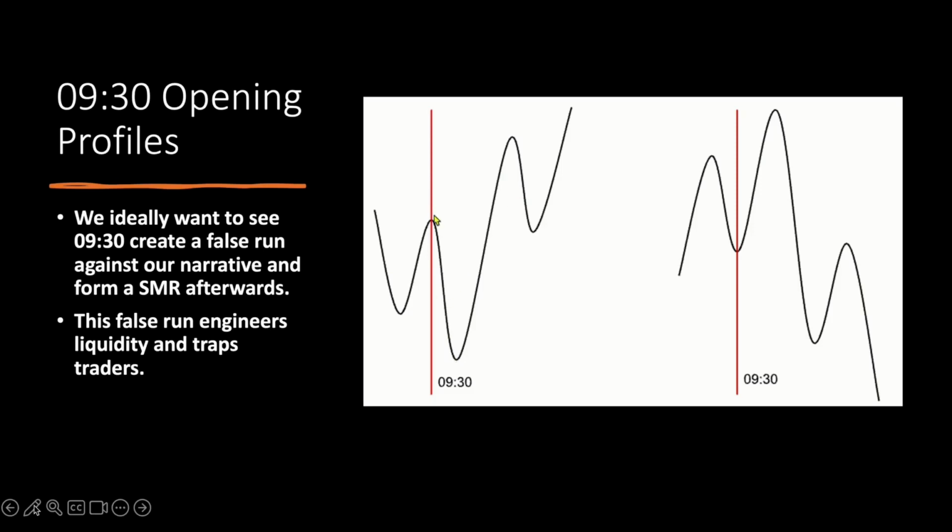The reason why this is so important is because every retail-minded trader will look at this manipulation leg lower and think to themselves, well, we have seen a 9:30 opening that was so bearish, therefore today is likely to be a bearish day.